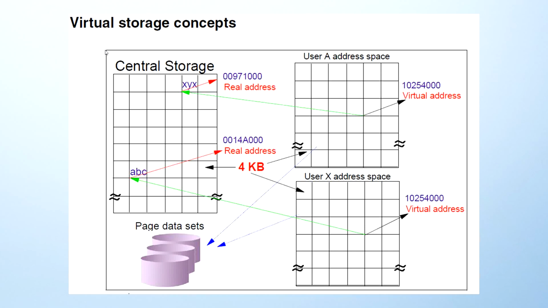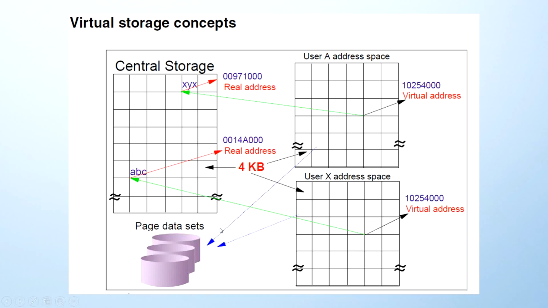If you want a subsystem to be up, it gets created as an address space, and when you log into an LPAR, an address space is created on your behalf. Everything in z/OS runs as an address space, a range of addresses provided by the virtual storage. This concept is achieved by the combination of central storage and paging data sets.